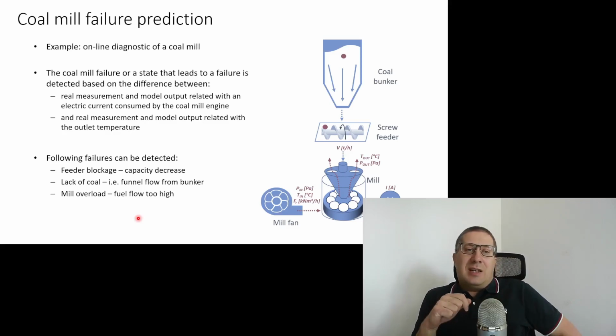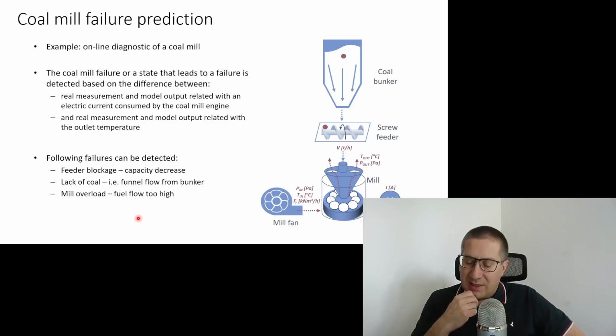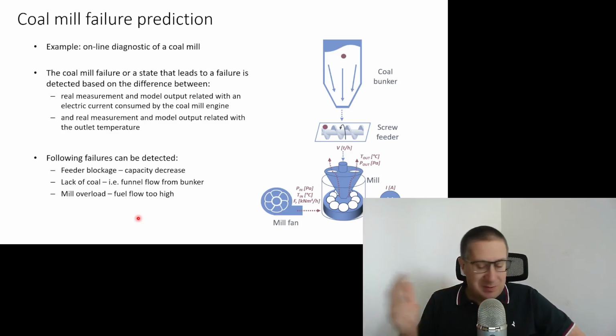And in the end, I would like to once again discuss this case with coal mills. I know I was discussing this case in the last video, but here I would like to go a bit deeper. Of course, it's only one case related with failure prediction.